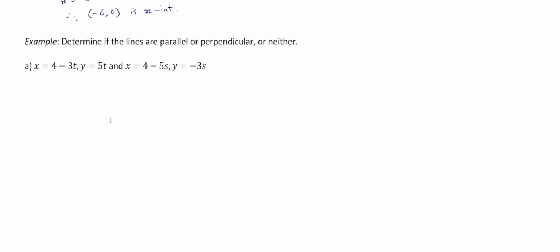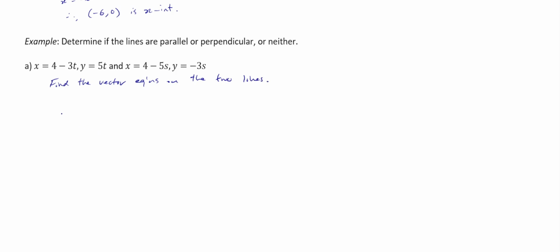Okay, determine if the lines are parallel or perpendicular or neither. What I have right here is my parametric equations. And what I'm going to do is find the vector equations of these two lines. So literally I'm going to write that out: find the vector equations of the two lines.